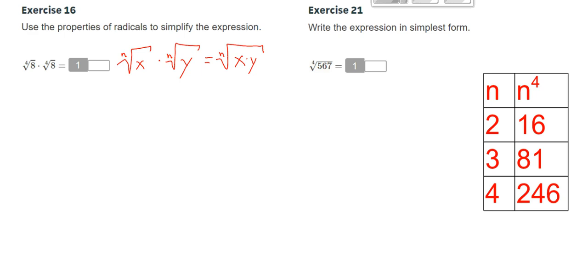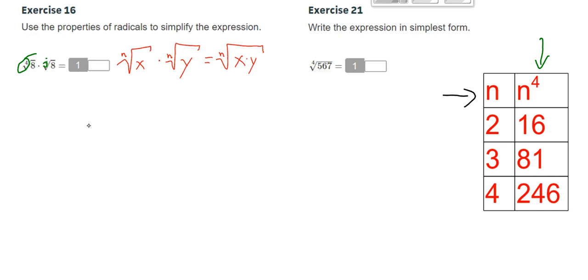First, I made a table of my fourth powers, because my radical has an index of 4, and I want to see what powers of 4 I can write in that would simplify it. When radicals have the same index, I can multiply them together.